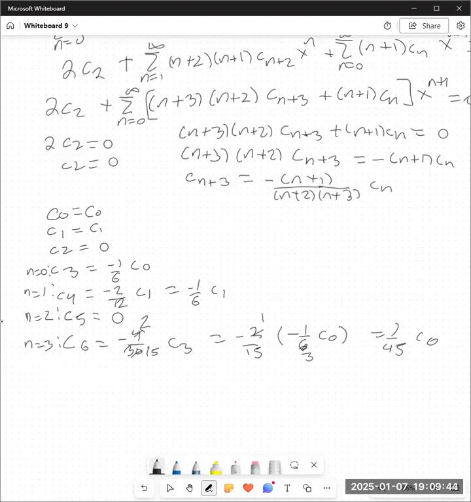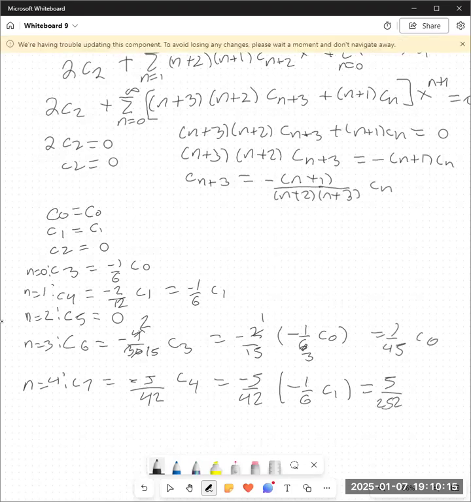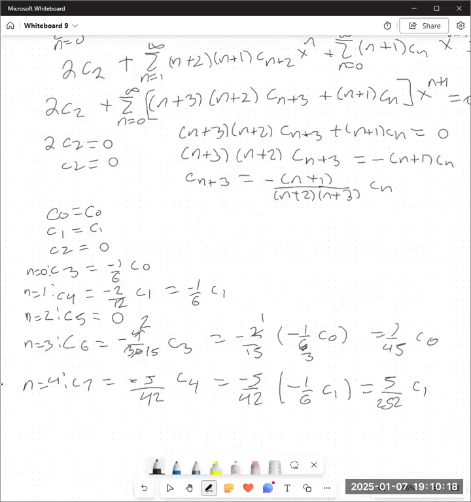N equals 4, C7 is equal to negative 5 over 6 times 7, which is 42, C4. Negative 5 over 42 times negative 1/6 C1 is 5 over 252 C1. And then, as I said before, when n equals 5, C8 is going to be 0 again.